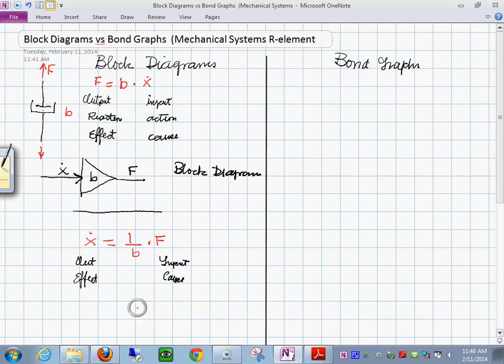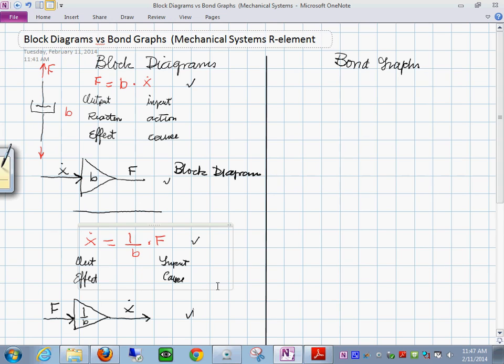And if this is true, then I can say if the input is F like this, and I put this through a value of 1 over B, this becomes the output, which is x dot. So this equation corresponds to this block diagram, and this equation corresponds to this block diagram.